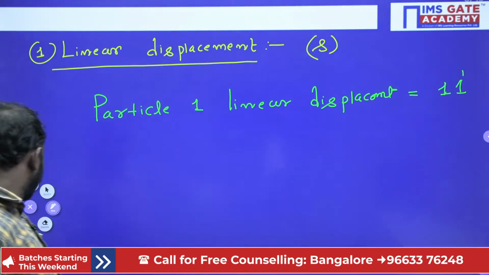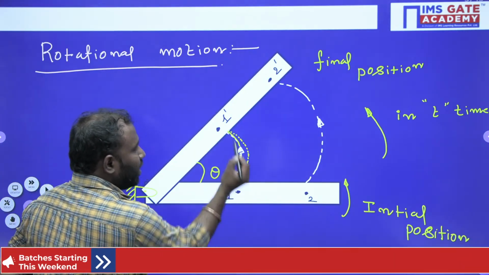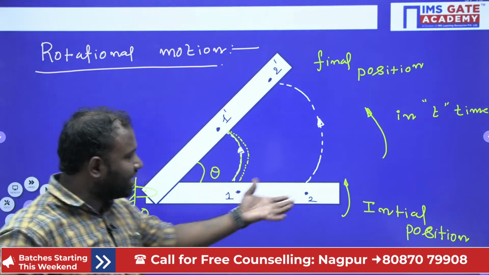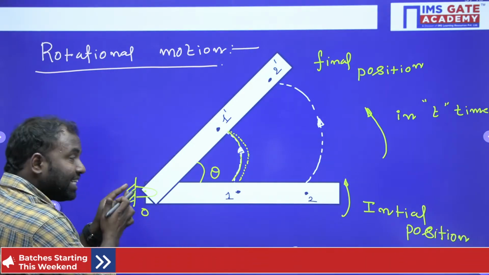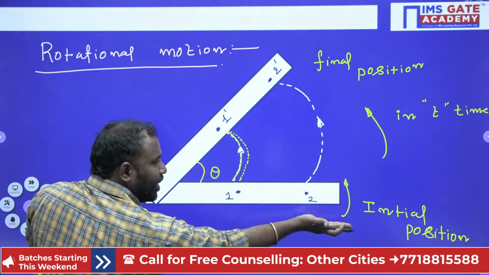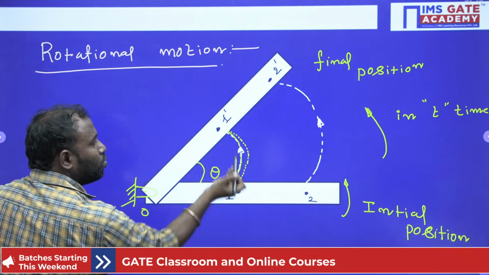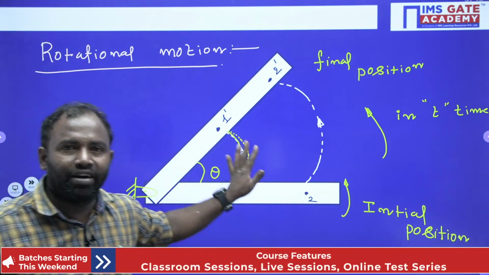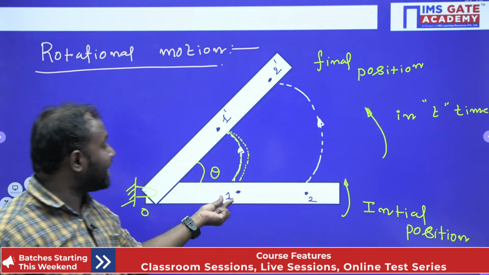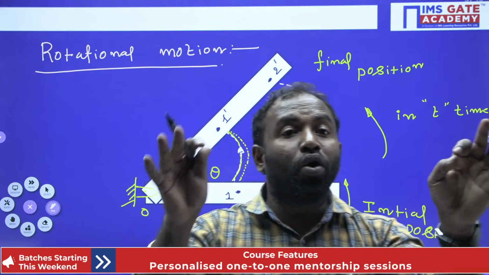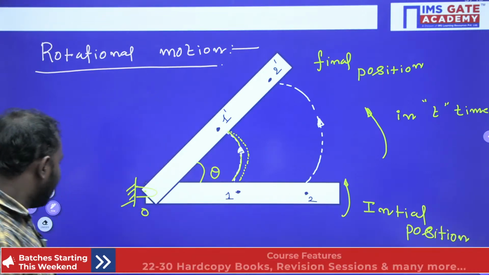Here 1 to 1 dash is the particle 1 linear displacement. It is the initial position and the final position. When I apply rotational motion to this body, hinged at point O, it rotates anti-clockwise such that particle 1 moves linearly to the 1 dash position. We call this displacement the linear displacement of particle 1 when the body is under pure rotation. Clear? I hope everybody understands. Now how do we calculate this?